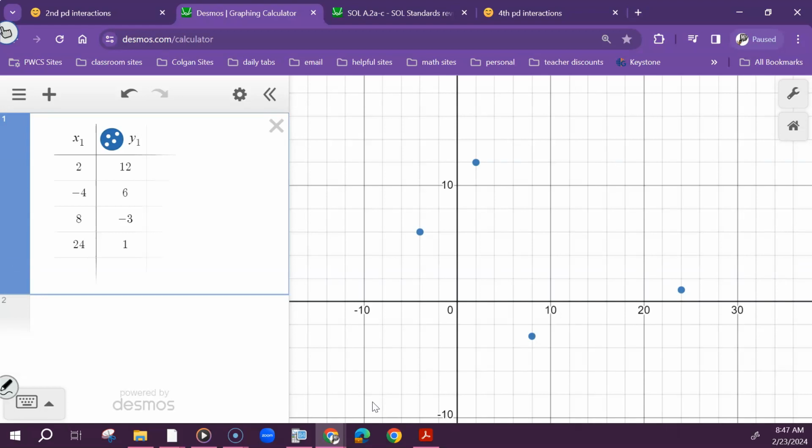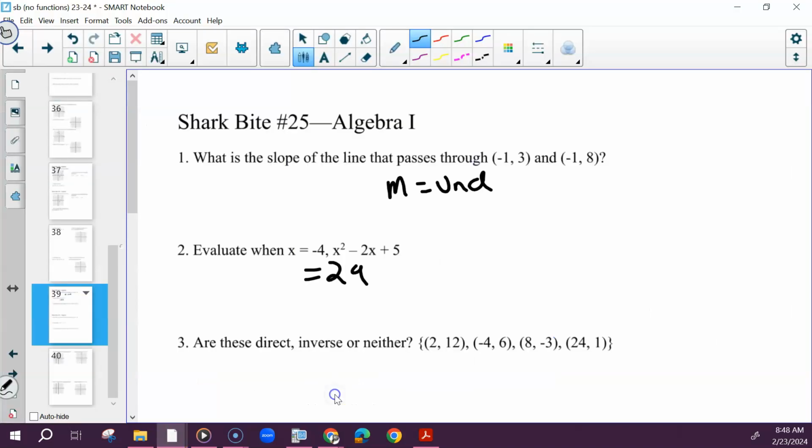They kind of make a curve type shape, but not even, so it's not inverse, so it would have to be neither. If you did this algebraically, if you started dividing y by x, you would get different numbers for each thing. And if you started multiplying, you would get similar answers, but some would be positive and some would be negative. So they would not be the same, so also neither. Questions on any of those 3?